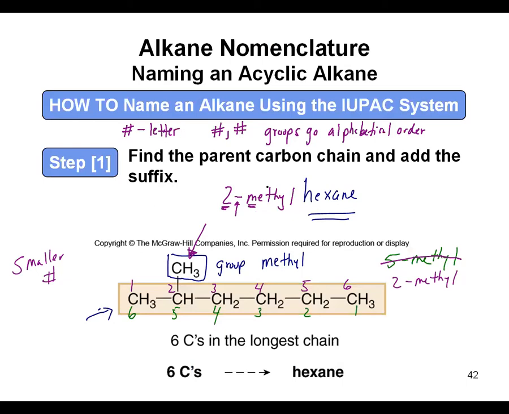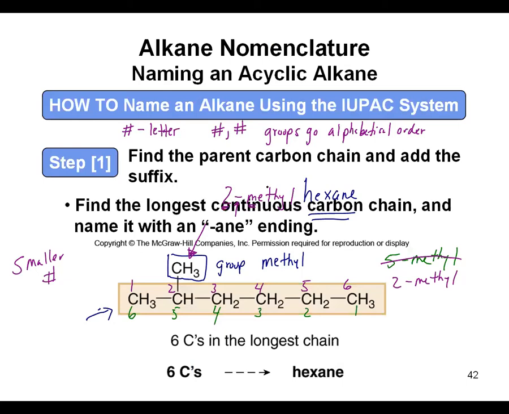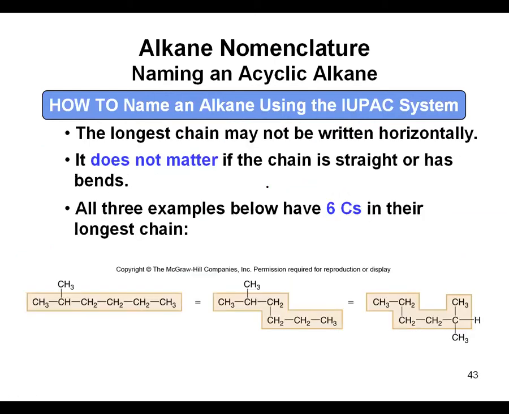Any questions on that? And again, this is a good reminder as well that even though it may be drawn slightly differently, when you're counting the longest carbon chain, you do want to follow it in every conceivable pattern.